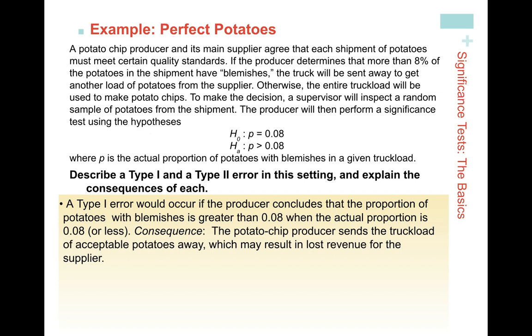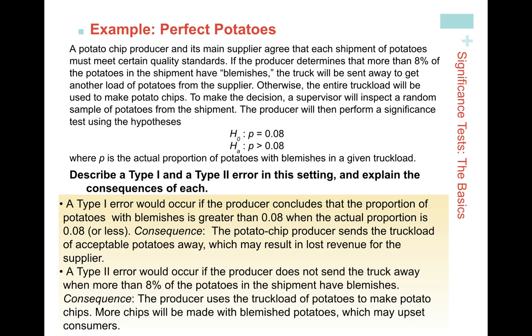What about a type 2 error? A type 2 error is when the manufacturer in this case would incorrectly fail to reject the null in favor of HA. So that means that the manufacturer said, okay, looks good, I'll take all your potatoes. But that was an incorrect decision. The potatoes are actually bad. So then what's going to happen?